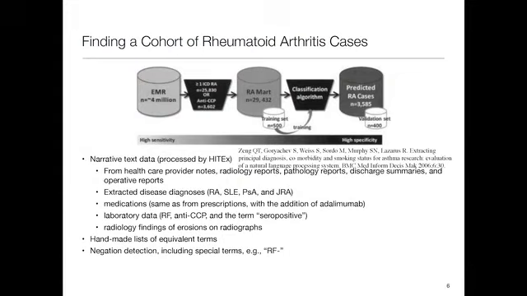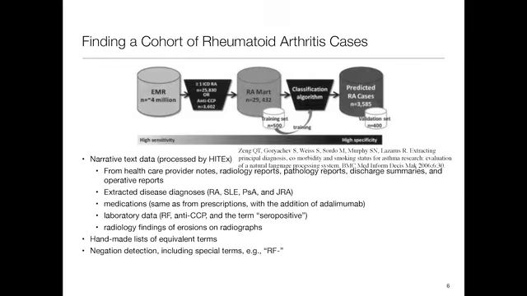And then for the narrative text, we used a system that was built by Qing Zheng and her colleagues at the time. It was called high-tech. It's definitely not state-of-the-art today, but this was a system that extracted entities from narrative text and did a capable job for its era.